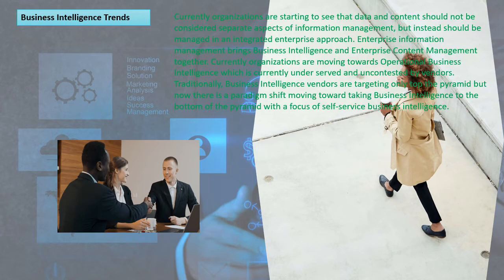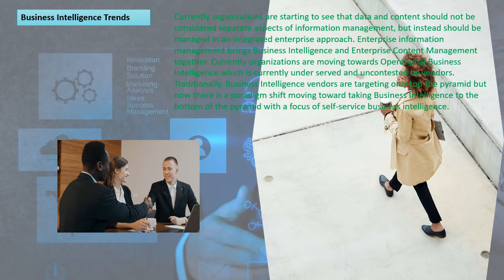Some business intelligence trends: currently organizations are starting to see that data and content should not be considered a separate aspect of information management, but instead should be managed in an integrated enterprise approach. Enterprise information management brings business intelligence and enterprise content management together.